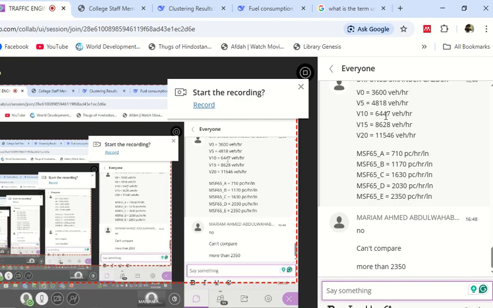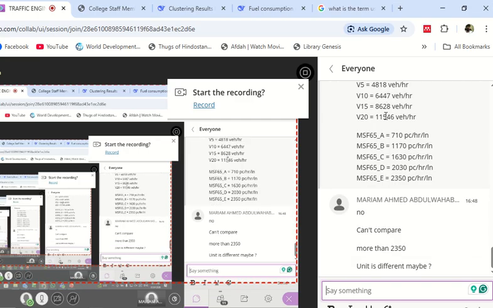Yes, can anyone detect? Yeah, the units are different, so you cannot compare.